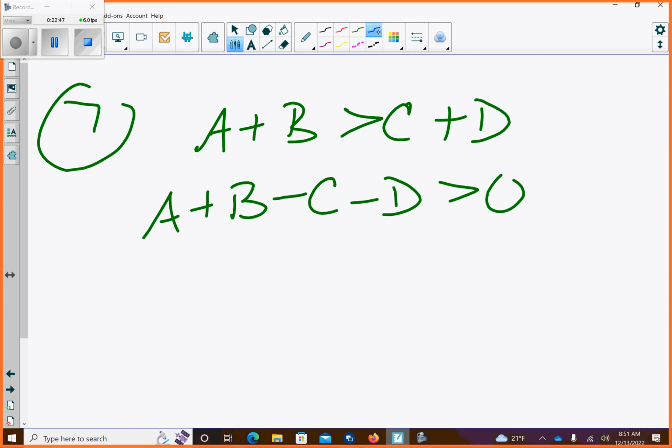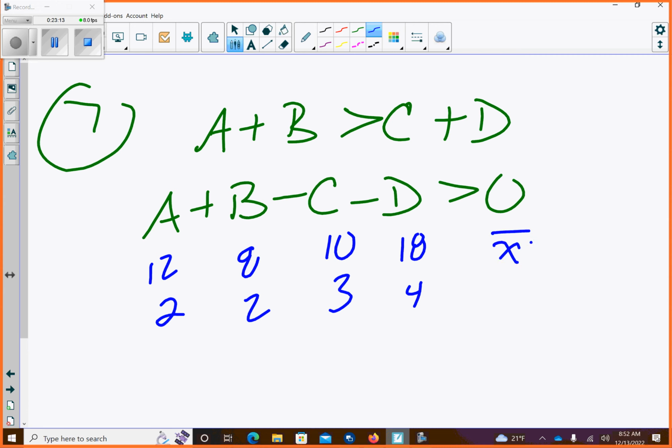So A is 12 and 2, B is 8 and 2, C is 10 and 3, and D is 18 and 4. So 12 plus 8 minus 10 minus 18. So the new mean is going to be -8.